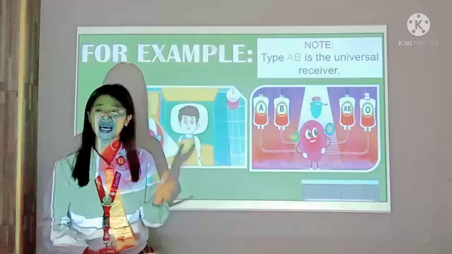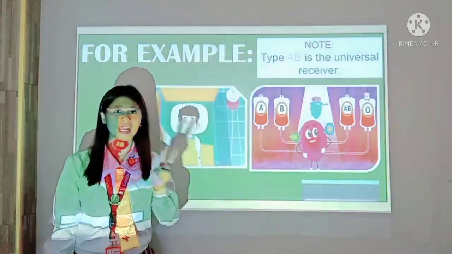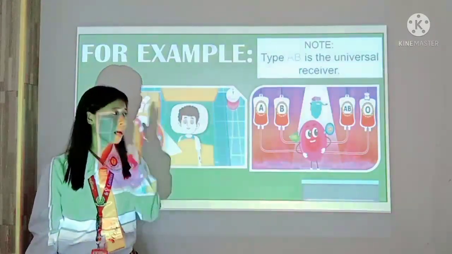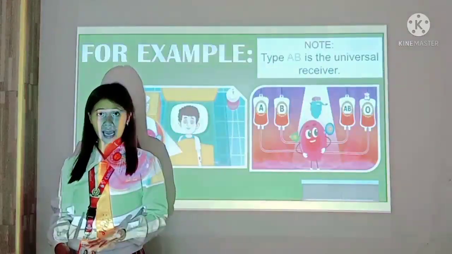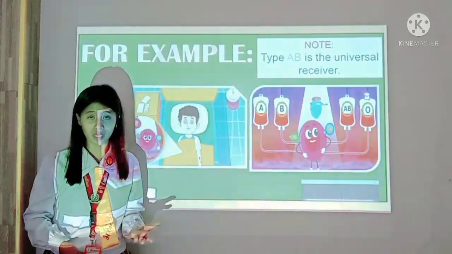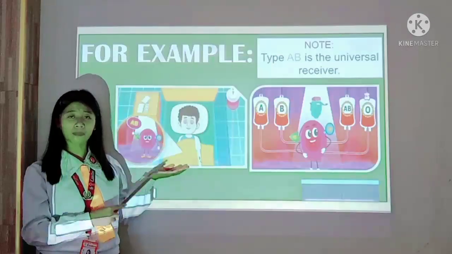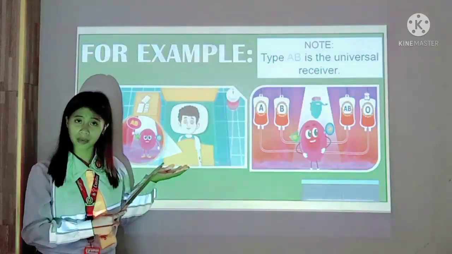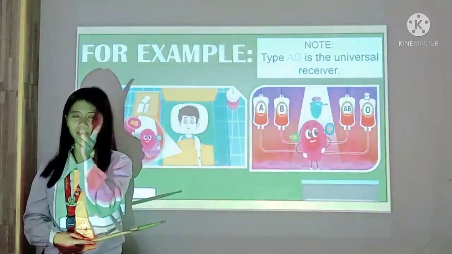However, meron siyang antigen, which is antigen A and antigen B. So meaning, kahit sino dito ang mag-donate sa kanya is okay lang. It is still compatible. Basta always remember, kapag AB ang blood type mo, you are a universal receiver.